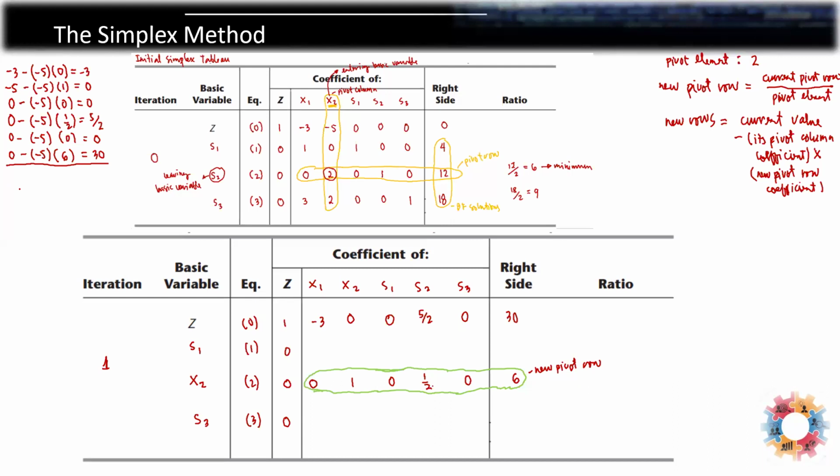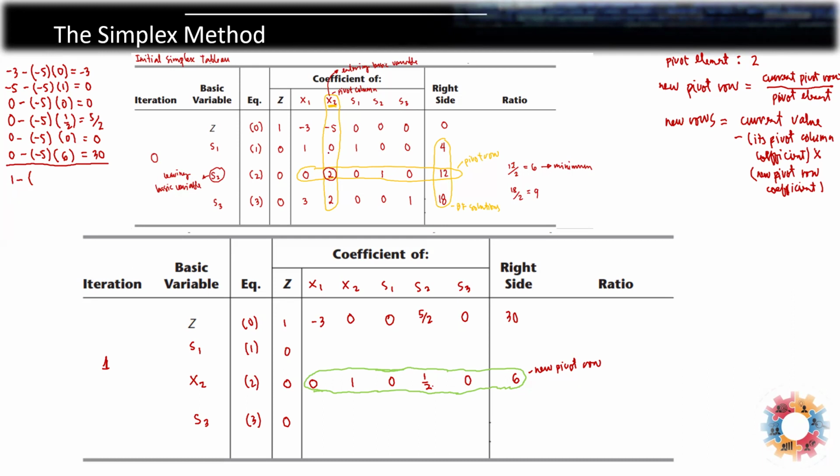The second row, corresponding to equation 1, we have 1. So 1 minus the current value in that row minus its pivot column coefficient.